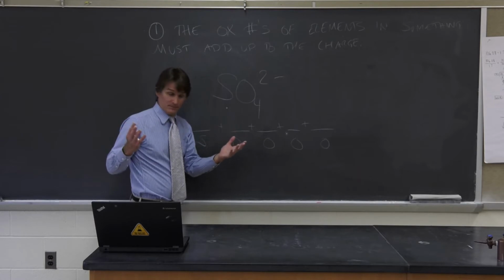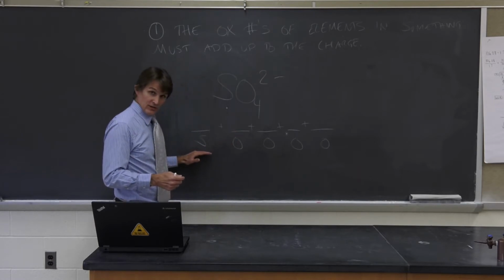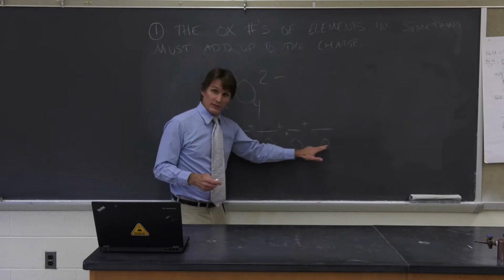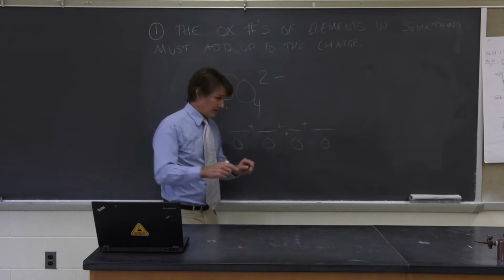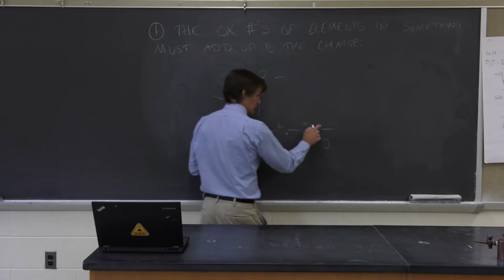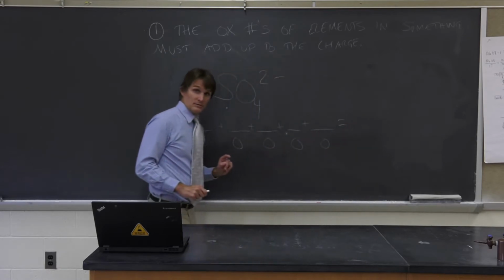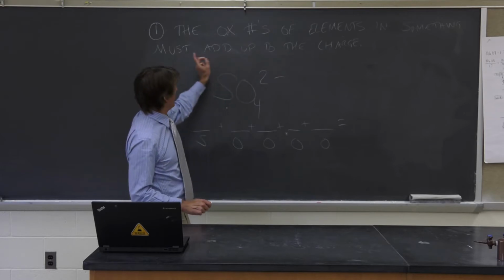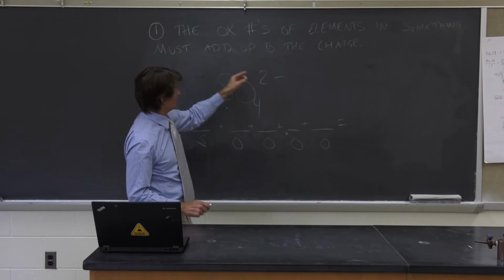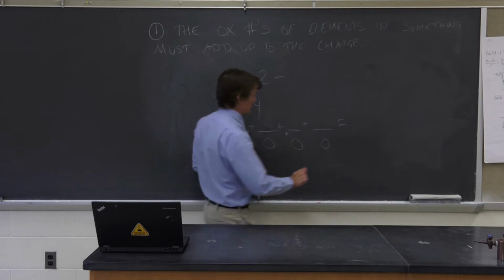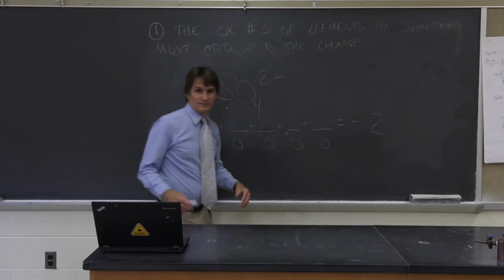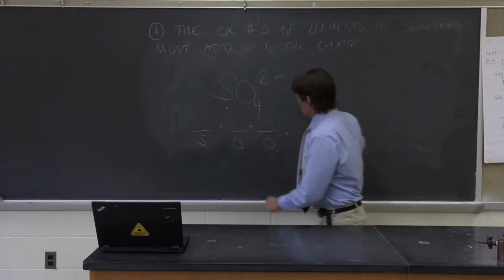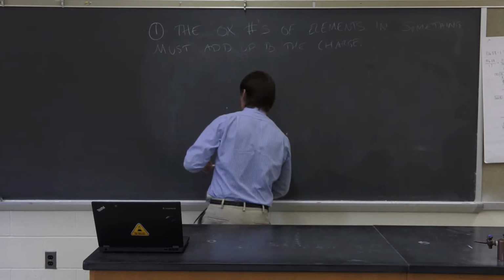They're all identical. I'll assign the same oxidation number for all 4 of these. And when I'm done, if I add up all these numbers, they had better equal, you guessed it, -2. That's what the rule is telling me. I'm going to add up all those oxidation numbers, and it had better equal the charge when I'm done, or I'm in trouble. All right, so that's rule number 1. We'll worry about the rest of all this later.